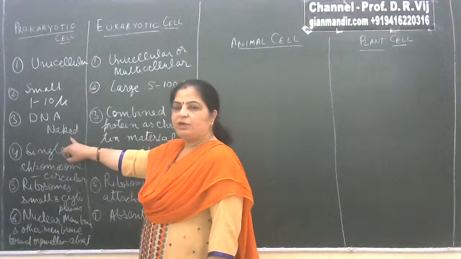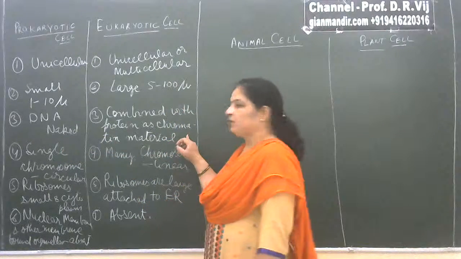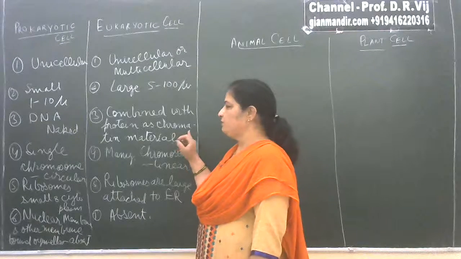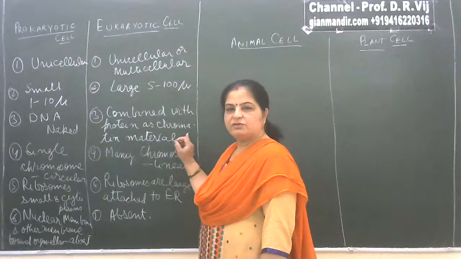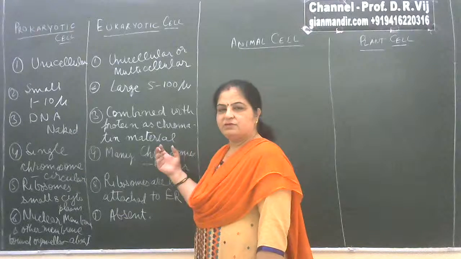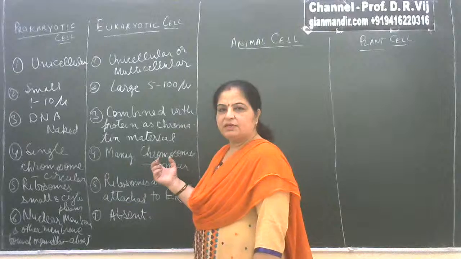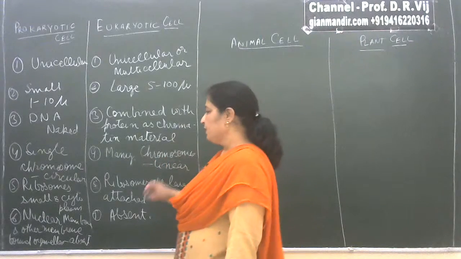The DNA of prokaryotic cells is naked, whereas the DNA of eukaryotic cells is combined with proteins, and this is known as chromatin material. As you have read, in the nucleus of eukaryotes there exist fiber-like structures known as chromatin material.